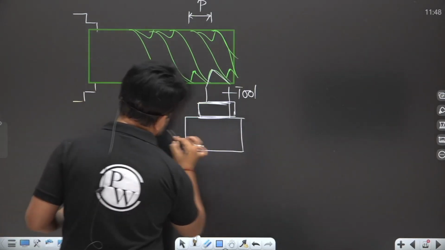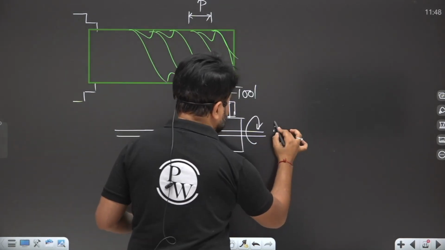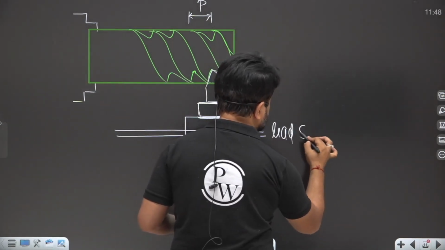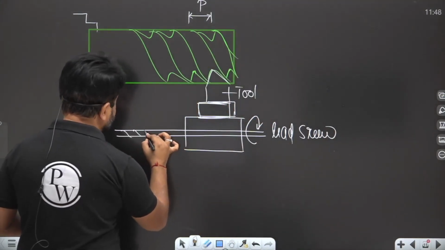And in the carriage there is a lead screw. You know, in the lead screw there is an Acme thread.